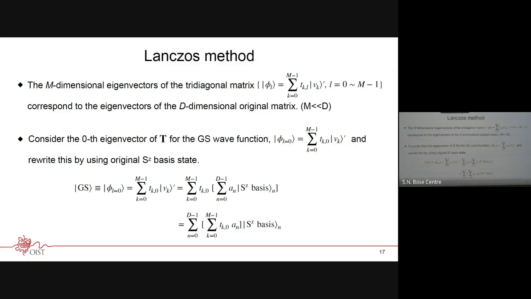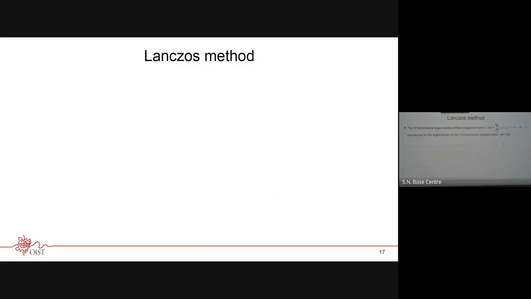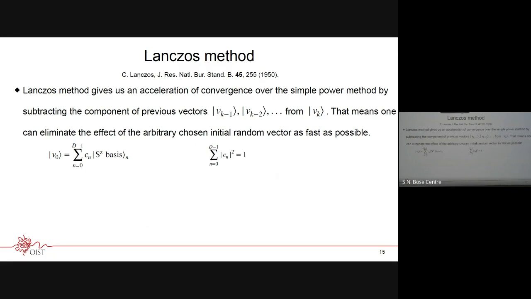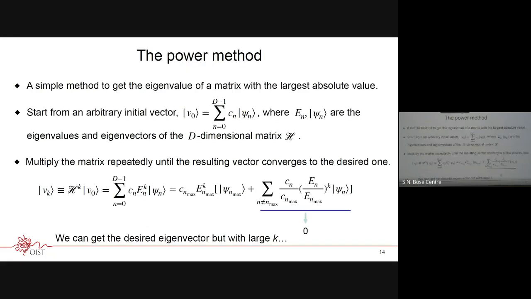But I think that in the power method, we cannot forget to ask about the information of the initial random vector efficiently. I think that just corresponds to orthogonalization. Yeah, of course. So the Lanczos method has a very efficient way to orthogonalize. Right. Thank you very much.